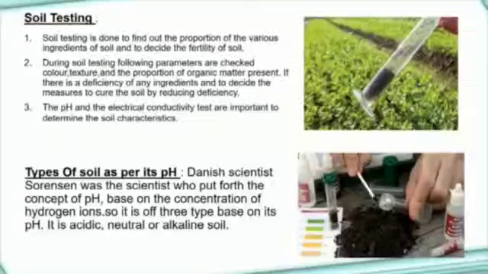Accordingly, soil may be found to be one of the following three types: acidic soil with a pH level lesser than 6.5, neutral soil with a pH level of about 6.5 to 7.5, and the last one is alkaline soil with a pH level higher than 7.5.